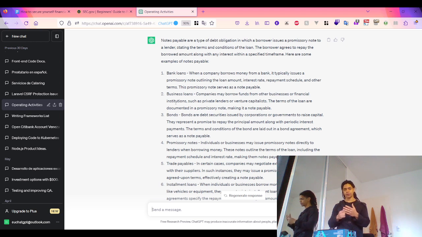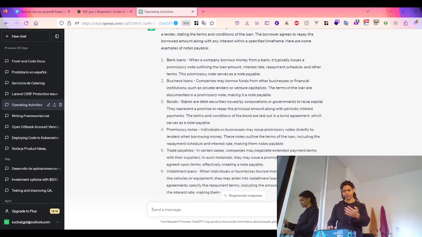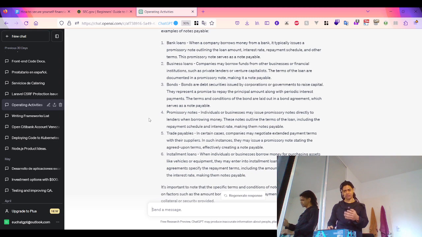Okay, promissory note, which is issued to individuals or businesses between the borrower and the lender. What they create is these promissory notes. Trade payables: this is a negotiation to extend the payment period with your suppliers and vendors. Okay, trade payable and installment loans.